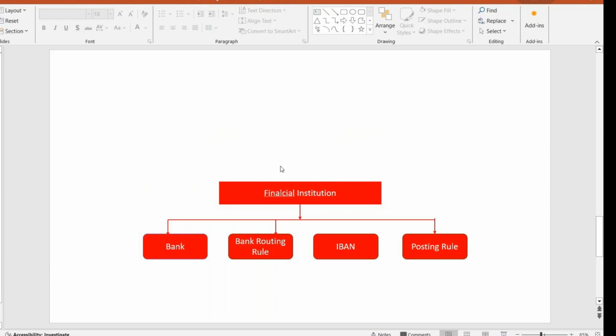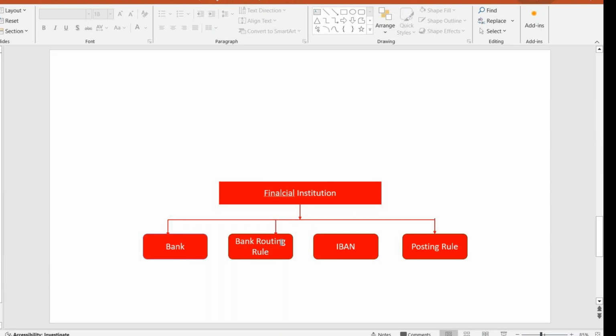All the details, creating a financial institution, creating an account number, creating a bank posting rule, bank routing rule, and whether it's an IBAN, international bank account number, or any types of posting, like debiting or crediting. How to create these rules will be explained as part of the financial institution.